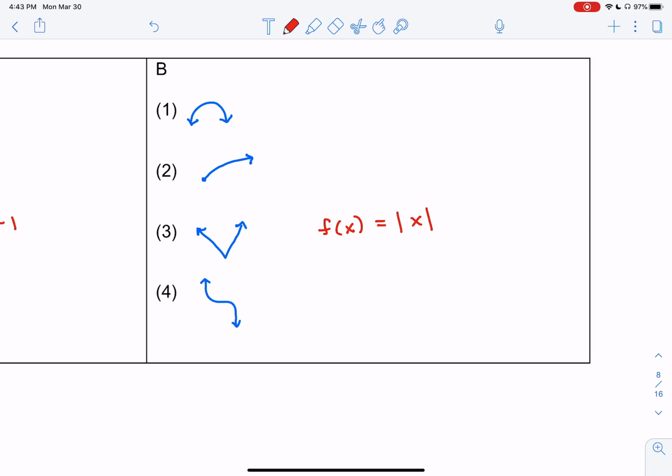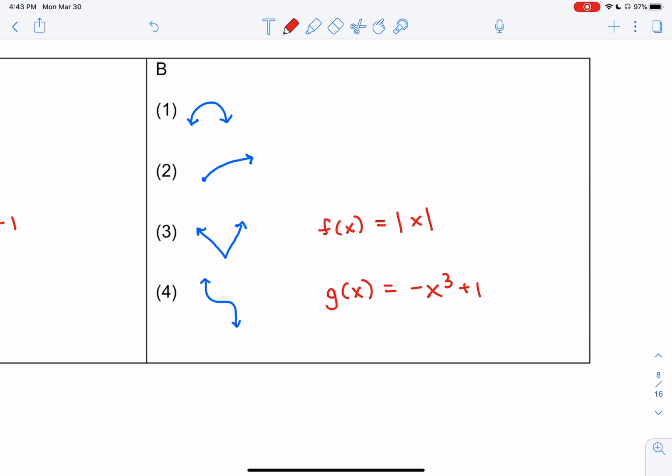All right, the next one is g function. It has a negative x cubed plus 1. A cubic graph is that snake S graph. So this one is going to be number 4. G of x, g function, is equal to negative x cubed plus 1.